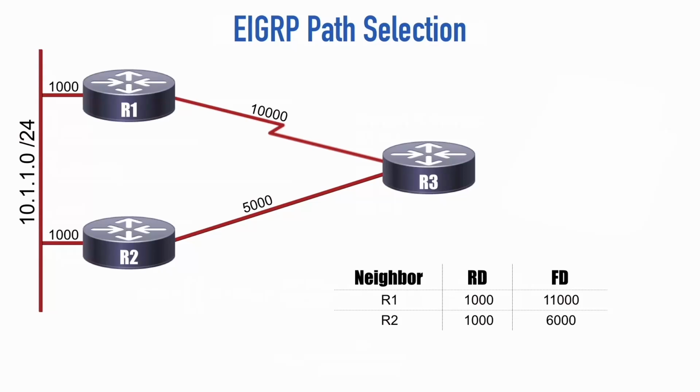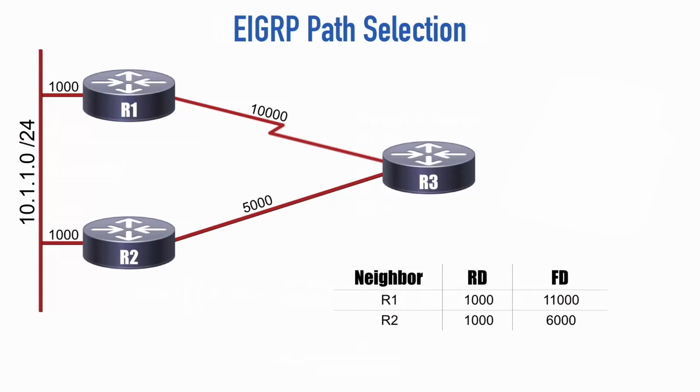That gives us what's called our feasible distance, or the FD. What if I went via R2? Well, it reported 1,000 metric to me as well. How much does it cost me to get to R2? 5,000. Let's add those up. 1,000 plus 5,000 gives us a feasible distance of 6,000. And I'm going to go with the lowest feasible distance. And that's going to be the path via R2. That's how EIGRP calculates its metric and makes a path selection decision.